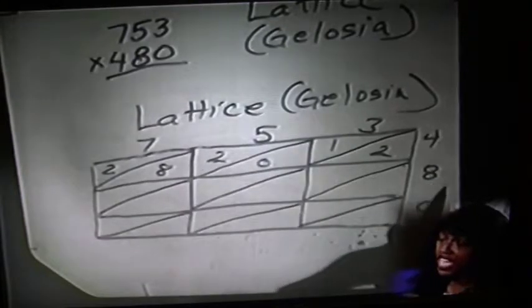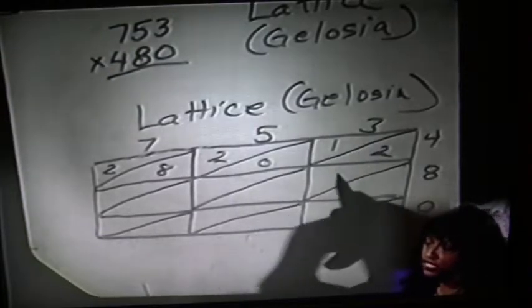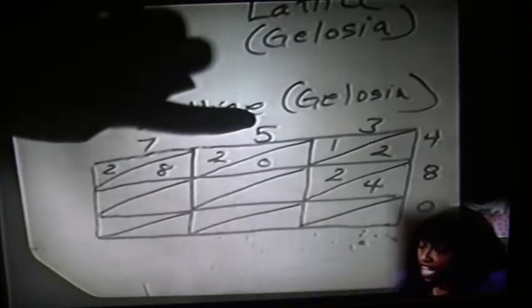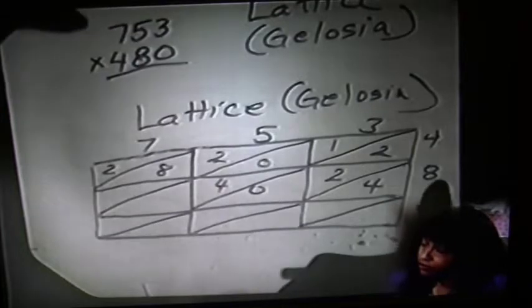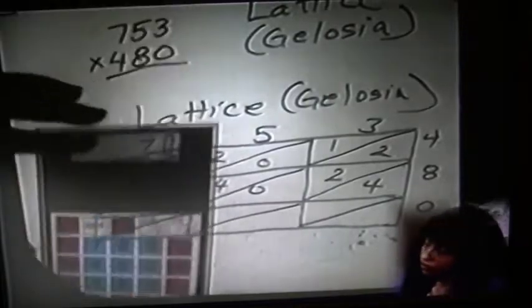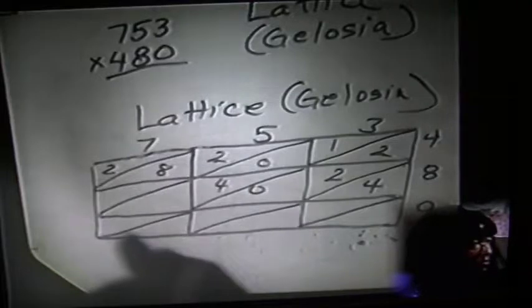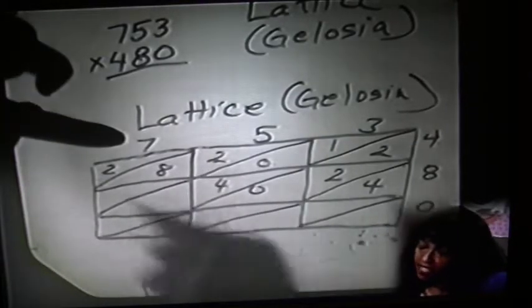Now let's go to the 8. 8 times 3 is 24. 8 times 5 is 40. 8 times 7 is 56.